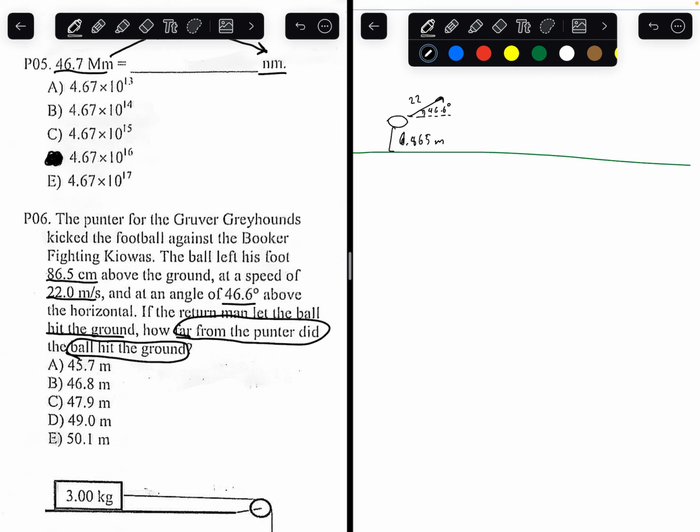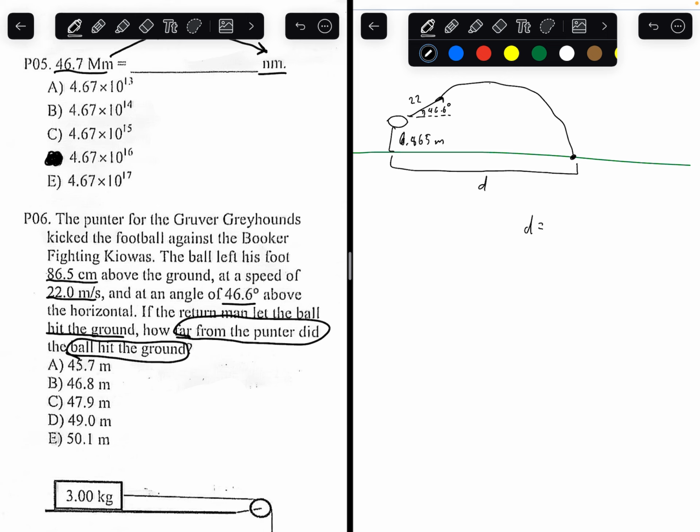Eventually the ball is going to fall because of gravity and hit the ground. We're trying to find the distance between the kicker and where the ball hits the ground. That's what we're trying to find. So, how do we solve for D?